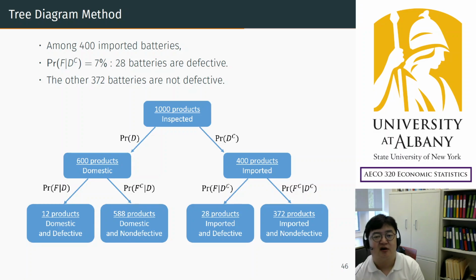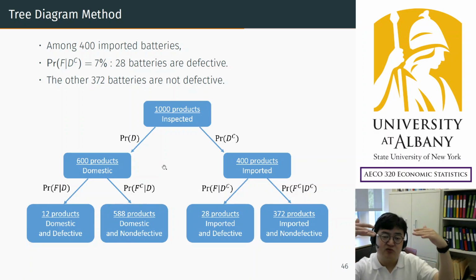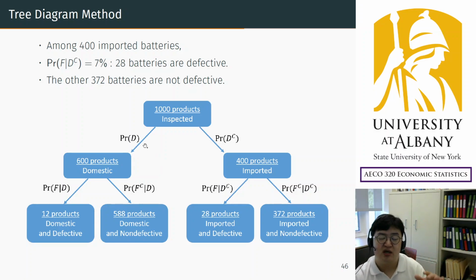But in this example, we are given the unconditional probability for domestic and imported batteries, and then the conditional probabilities for defective and non-defective batteries. So that's the reason why we classify the batteries in this order. Domestic and imported first, and then defective and non-defective, right?